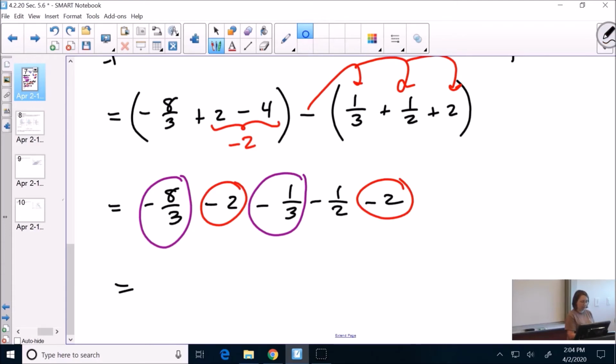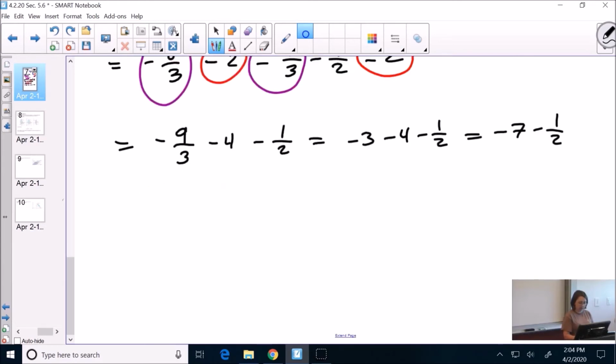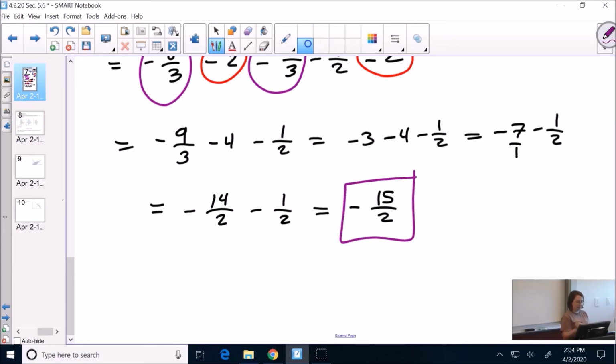So negative 8 over 3 minus 1 over 3, that means negative 9 over 3. Yay, it reduces. And then the negative 2's make negative 4, and then we have the negative 1/2. That's negative 3 minus 4 minus 1 half, or negative 7 minus a half. Common denominator, negative 14 over 2 minus another half, or negative 15 over 2. There you have it. That's the area. Wait.